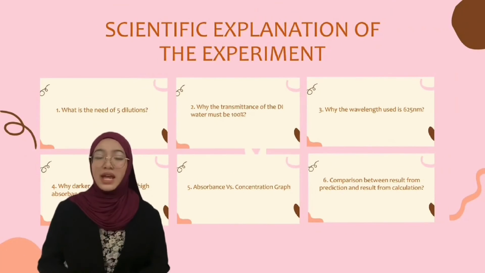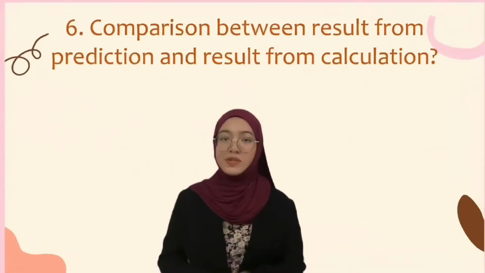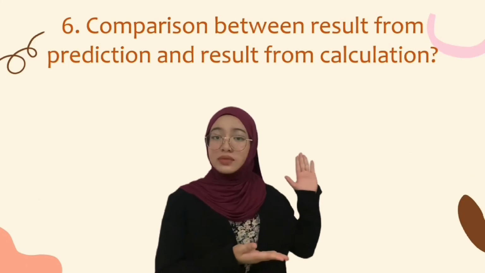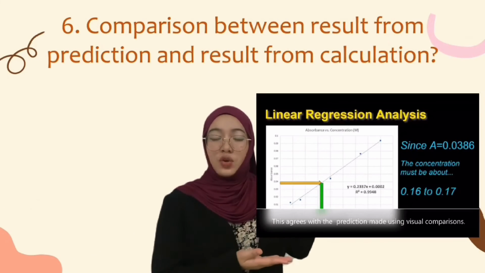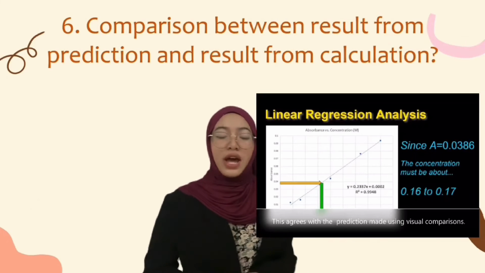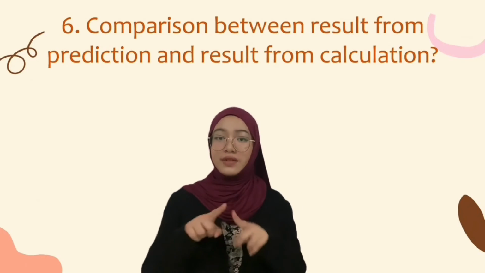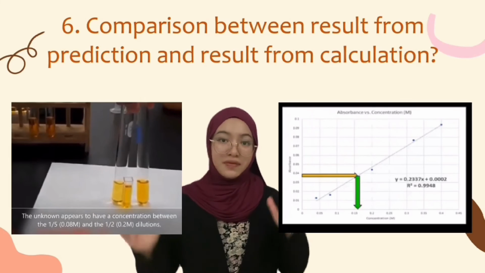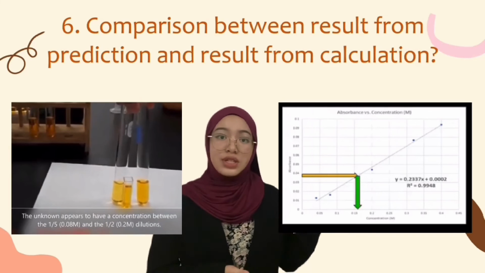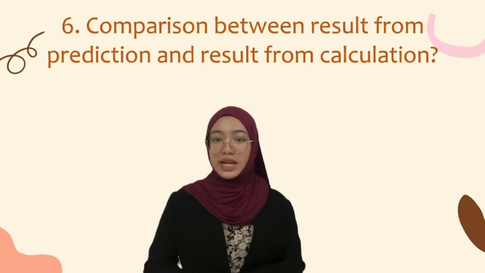In this experiment, the concentration of the unknown sample obtained from the graph is predicted to be 0.16 molar to 0.17 molar. That means the point for the unknown concentration lies under the standard curve between the dilution 1/5 and 1/2. The result from the comparison and the graph came out clearly as it should be.